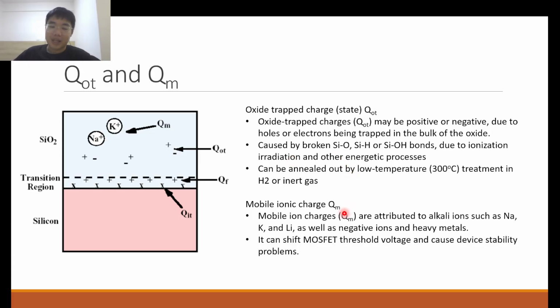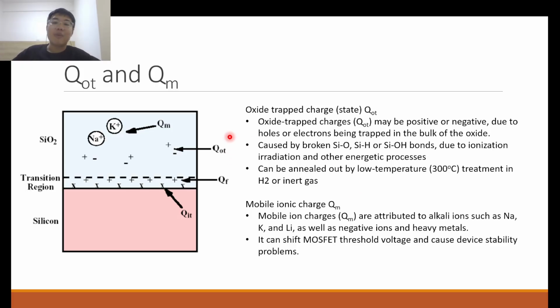And the last one is mobile ionic charges. This is caused by contamination by other elements such as alkali ions like sodium, potassium, lithium, as well as possibly negative ions and heavy metals. These can enter the silicon dioxide in the processing stage because a lot of times the walls or certain apparatus in the oxidation furnace are made of these metals, so there's a possibility of metal ions entering the oxide layer during the oxidation process.